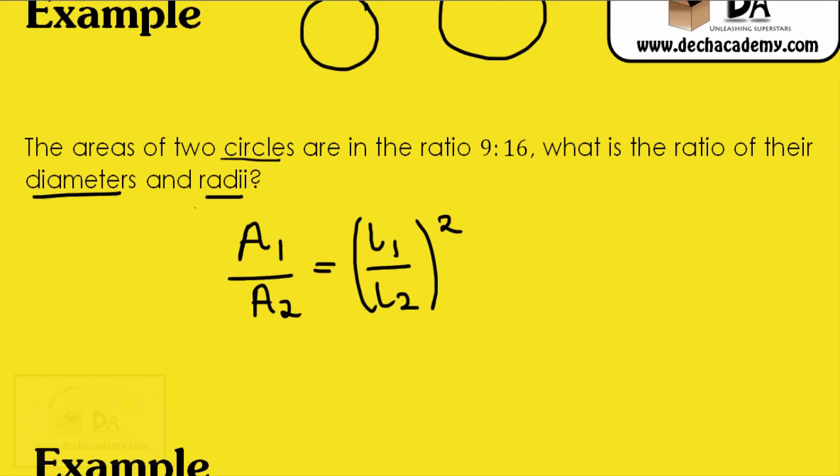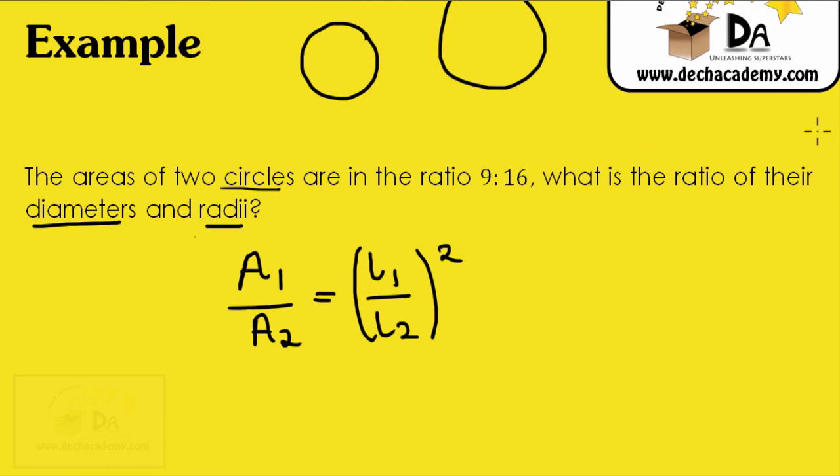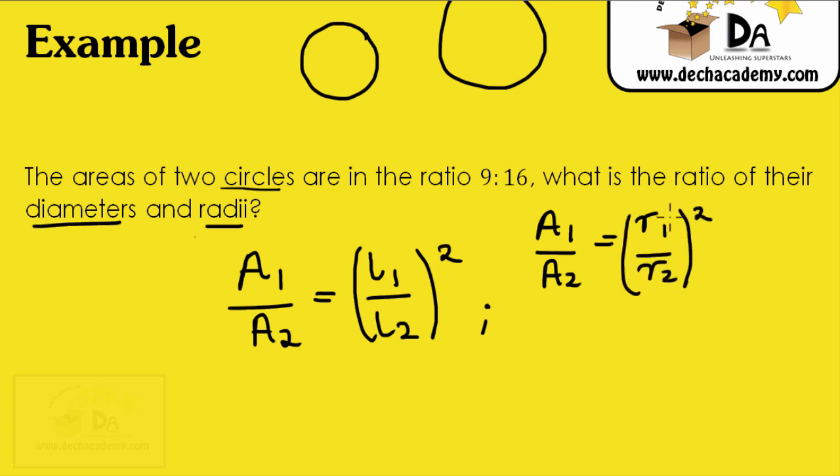So what this means is that the area of shape 1 divided by the area of shape 2 is equal to the radius of shape 1 divided by the radius of shape 2 all squared. It also means that the area of shape 1 divided by the area of shape 2 is equal to the diameter of shape 1 divided by the diameter of shape 2 all squared.